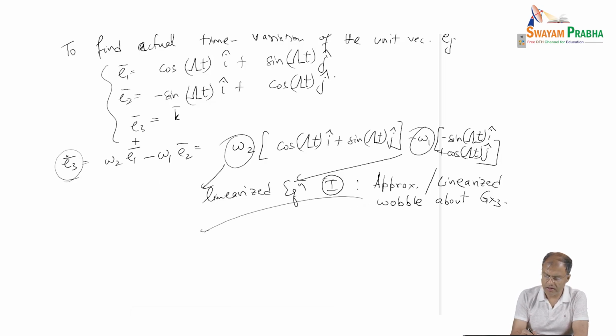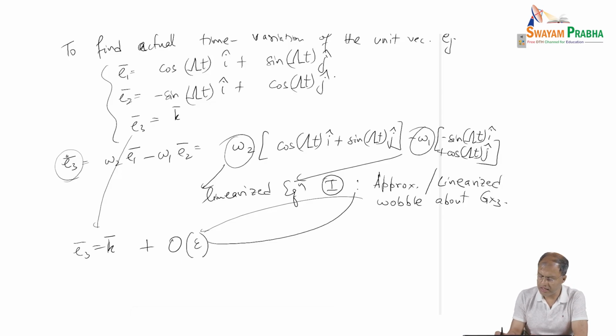So the final answer is that E3 will be equal to the highest order term, k, order 0, plus the order epsilon terms, which come from this linearized approximation and have frequencies of omega plus and minus lambda, right? In this case, the motion is not periodic.